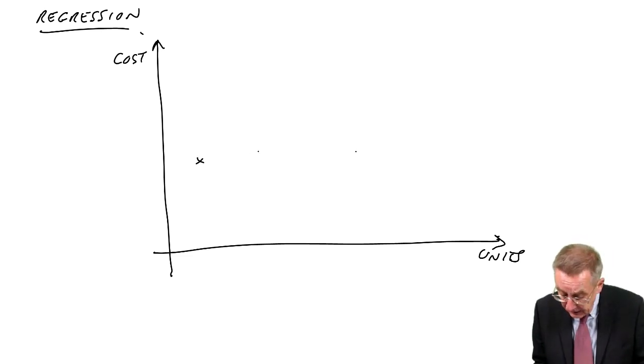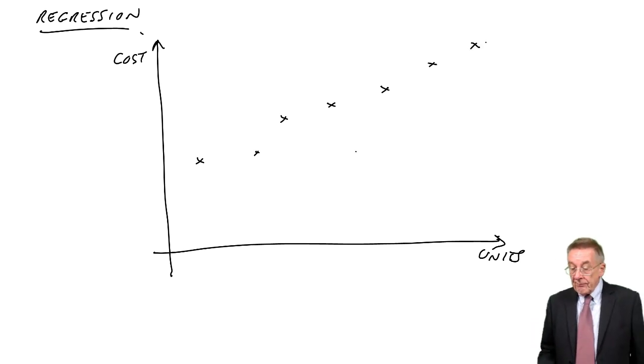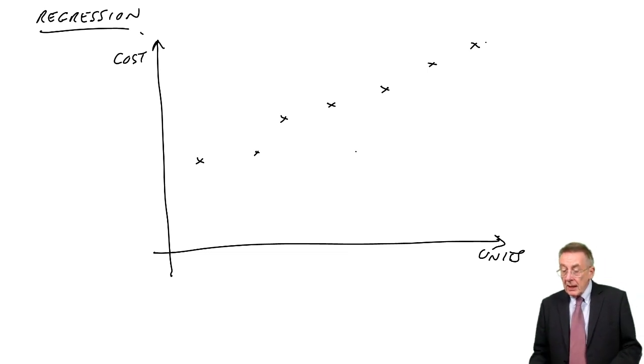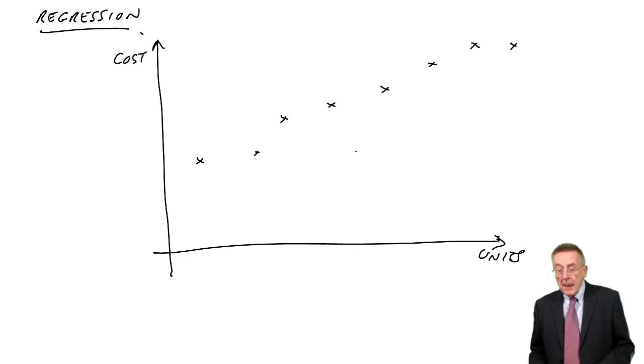You stand to get something like this, where it does look more or less linear, but obviously they're not all exactly on a straight line.